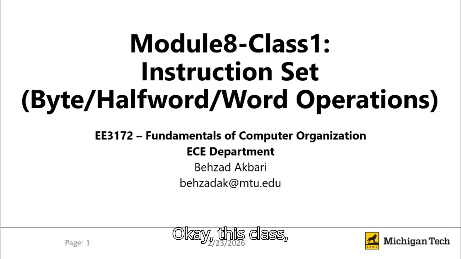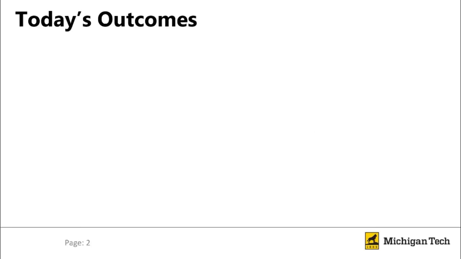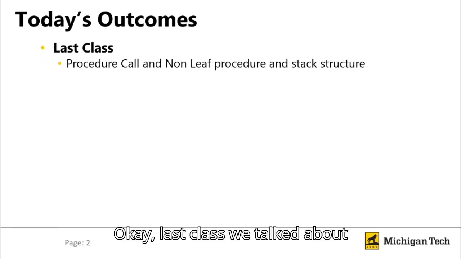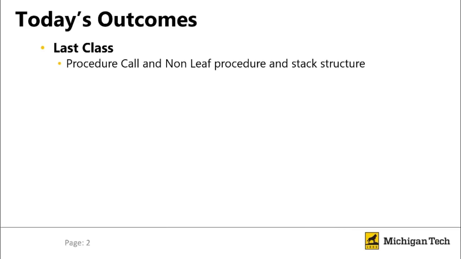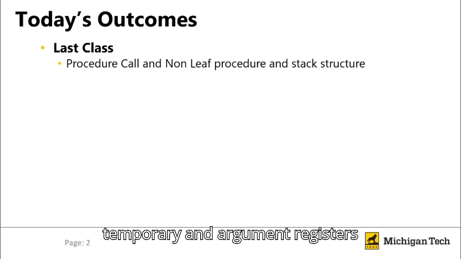Okay, this class, we're gonna talk about, again, instruction set. Last class we talked about non-leaf procedure conventions. When we have a caller, we have callee. So the caller needs to save caller registers, like temporary and argument registers, and return address, of course.